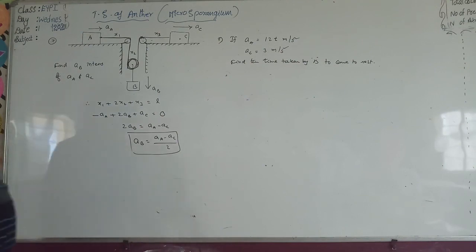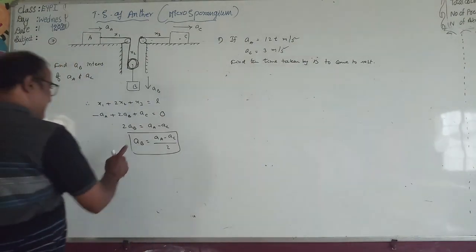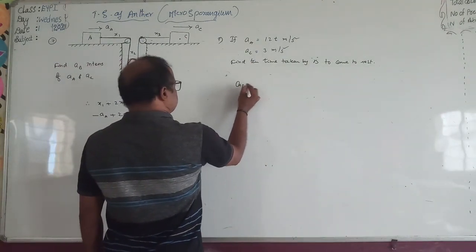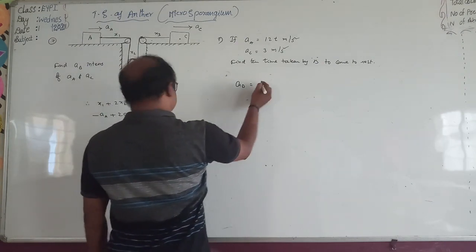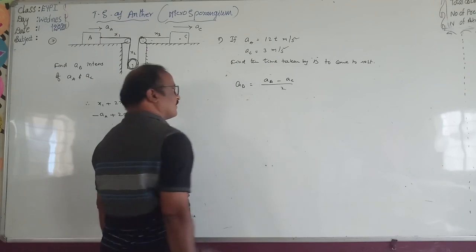In this same problem, the acceleration of B is the same as in this situation. The acceleration of B is equal to the acceleration of A minus the acceleration of C, by 2.